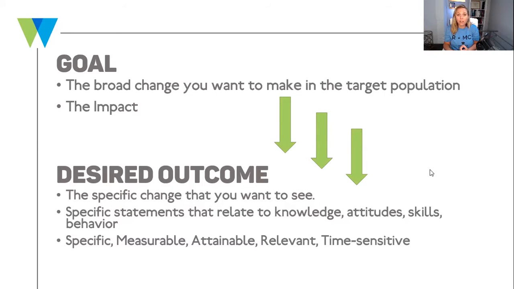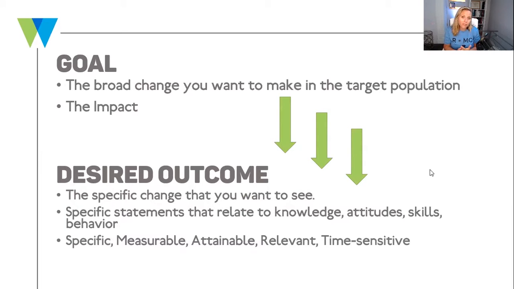They're specific and measurable, so we know if we got them and we can evaluate them. They're attainable, right? Sometimes we see people make goals that are so lofty and big that they're not really realistic.